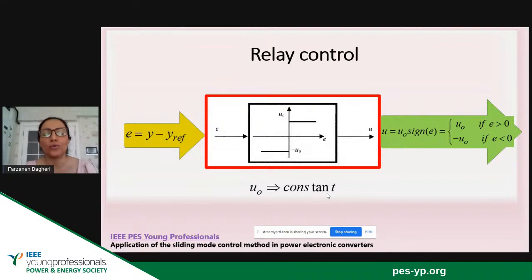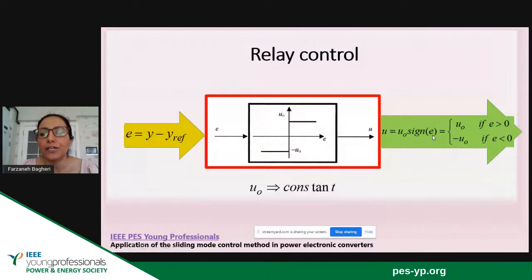This relay control, the conventional relay control, is such a function, which we call a sign function. U is equal to u naught sign of e. So how is it working? This sign function is a discontinuous control input. It is working like this.